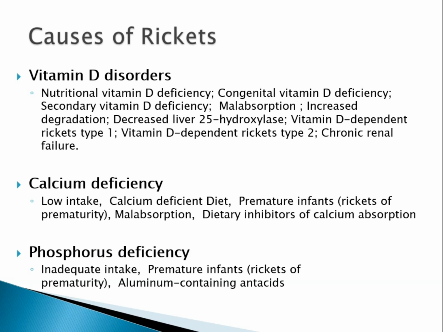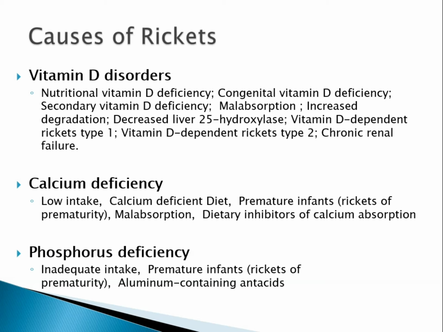So the causes of rickets, first of all, vitamin D disorders. That could be nutritional deficiency of vitamin D in your natural diet, or congenital vitamin D deficiency, where the body is not able to produce vitamin D, present from birth. Secondary vitamin D deficiency, such as malabsorption in the GIT, or increased degradation, breakdown of vitamin D by the liver, or decreased liver 25-hydroxylase enzyme.